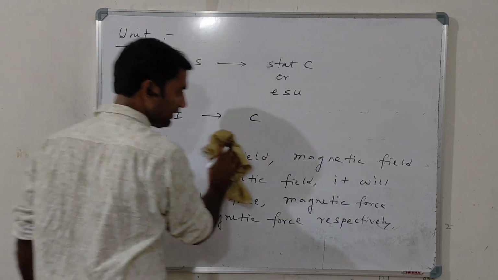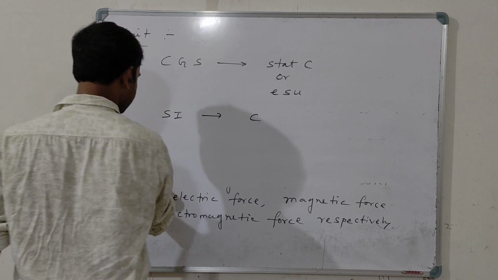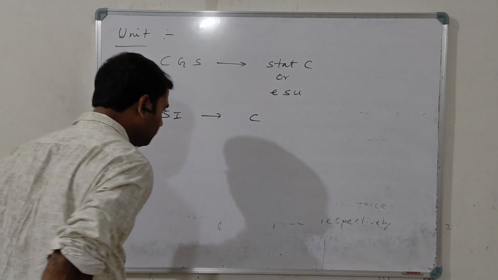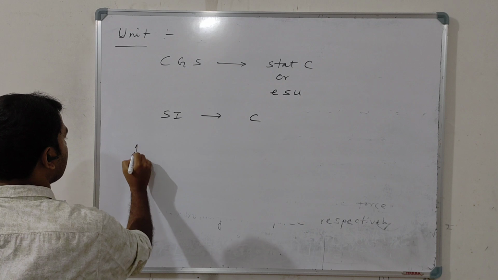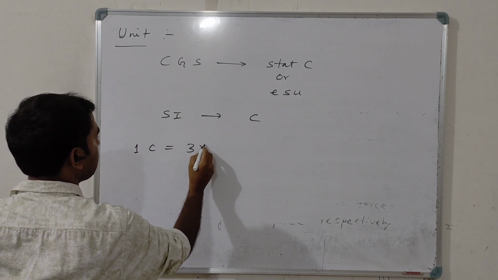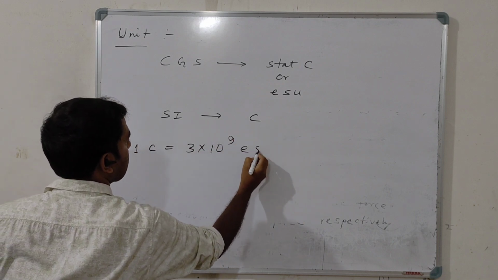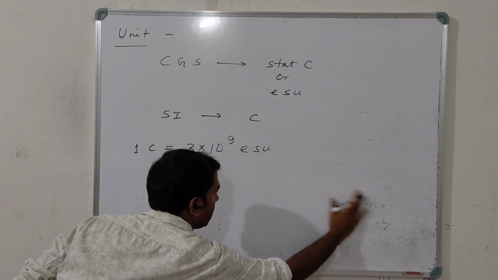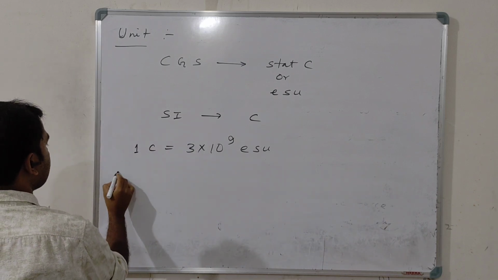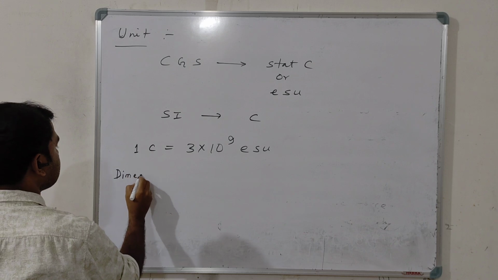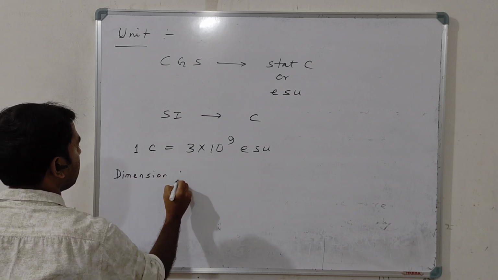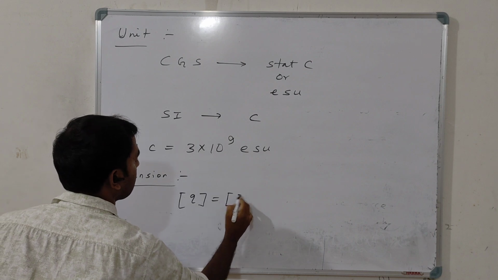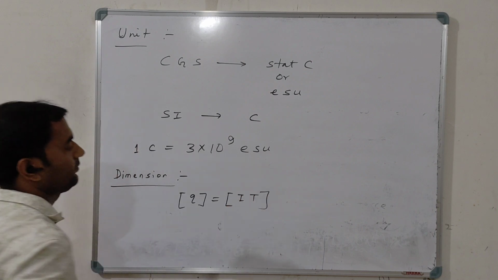There is a relationship between coulomb and electrostatic unit or stat coulomb, which is 1 coulomb is equal to 3 into 10 to the power 9 ESU. And the dimension of electric charge is I into T.